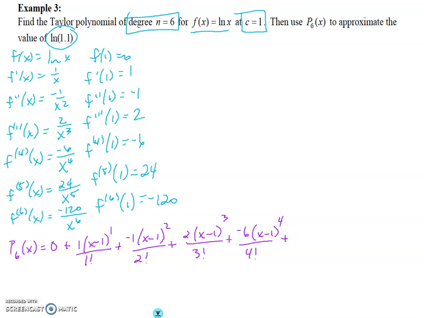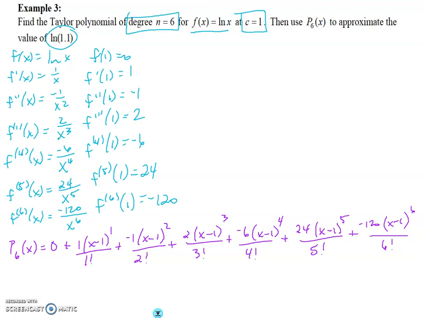Then the fifth derivative was 24 times x minus 1 to the fifth over 5 factorial, plus our sixth derivative, which was negative 120 times x minus 1 to the sixth over 6 factorial.